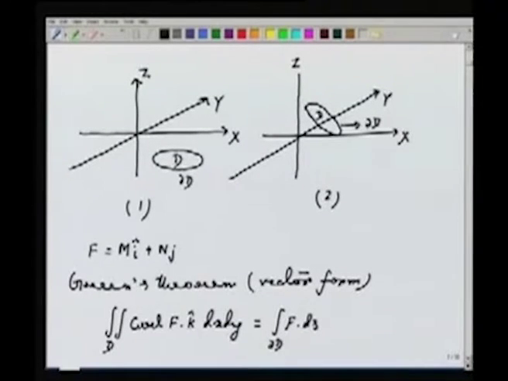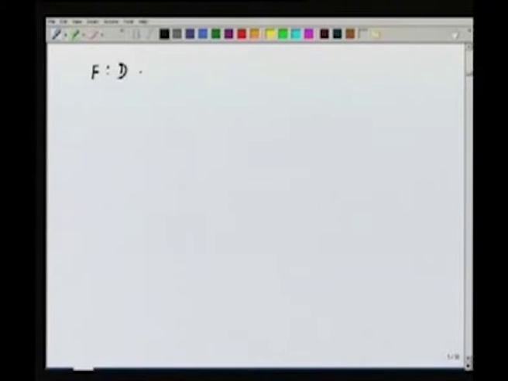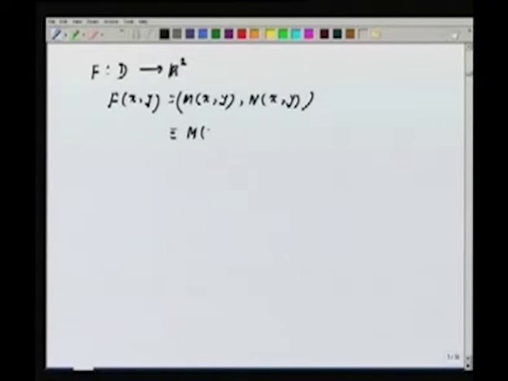Now for those who do not know the formal definition of curl F, first let me say that. F is defined on the region D to R2, so it is a vector field. I know already the definition of F(x,y), that is (M(x,y), N(x,y)). I can write it in this form or equivalently as M(x,y) i plus N(x,y) j.